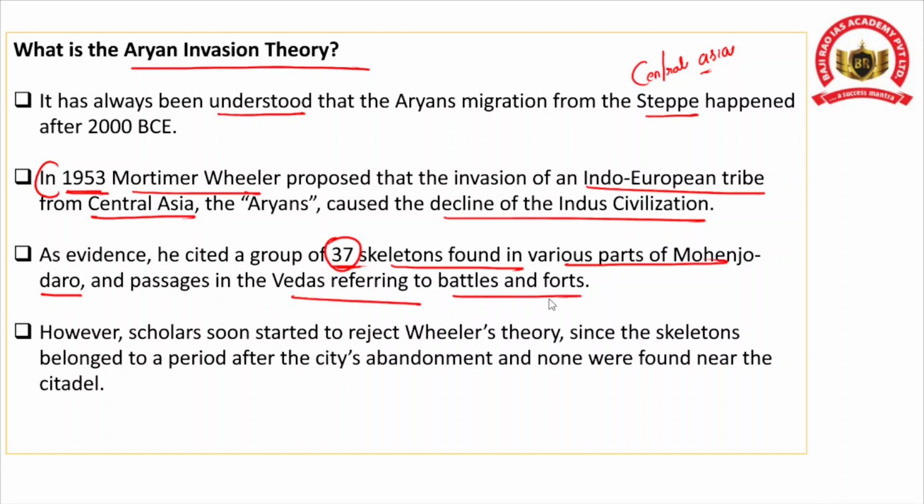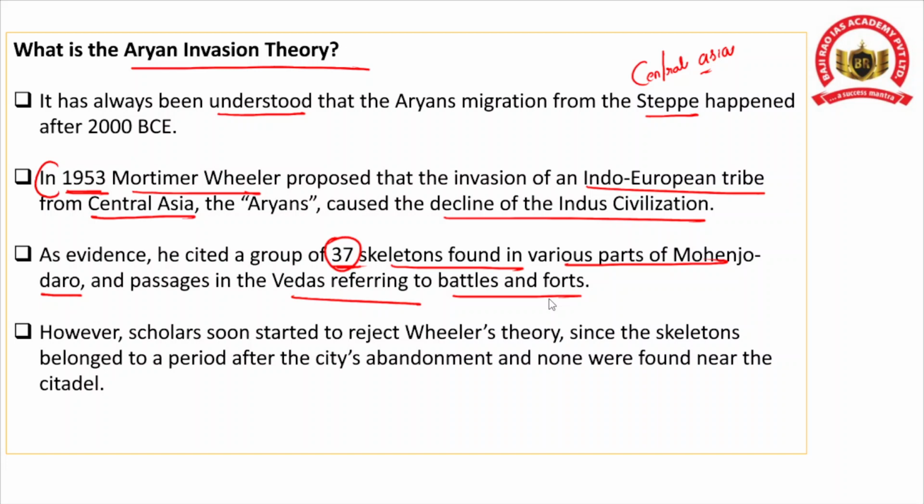The Vedas were written during the Vedic period, and they mention battles and forts. Taking this as evidence, Wheeler held that the Aryan invasion actually took place.